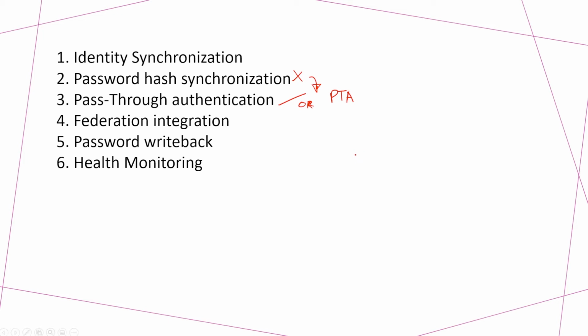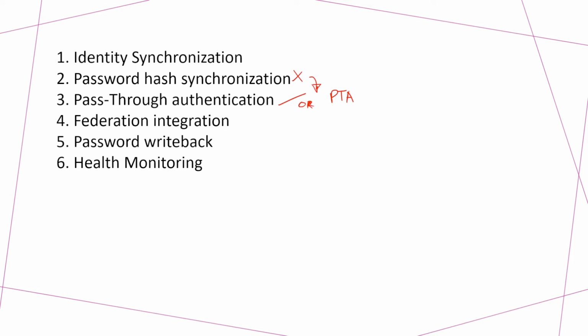PTA allows users to sign in to both on-premise and cloud-based applications using the same user account and password. So it sounds the same as password hash, but the difference is the way it authenticates the user. I think the best way to explain that is to just illustrate it.